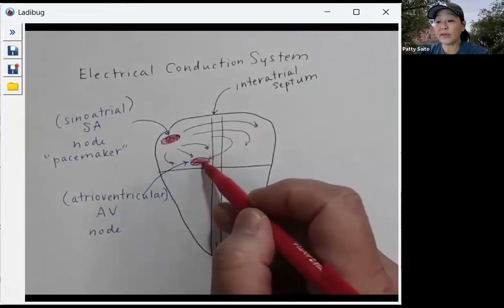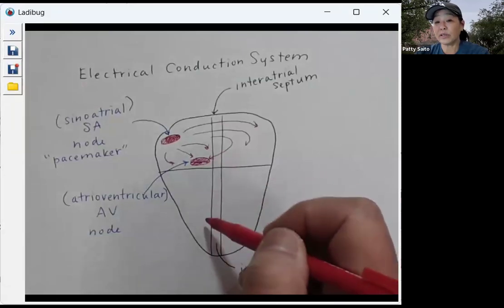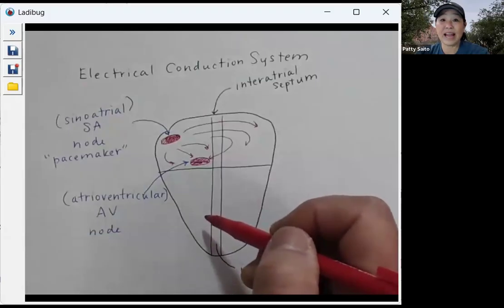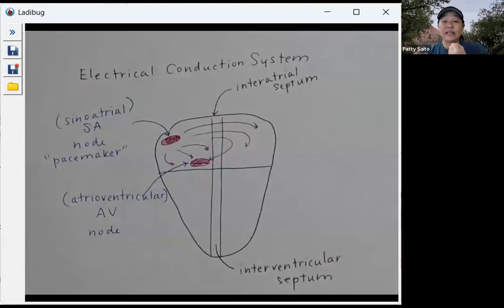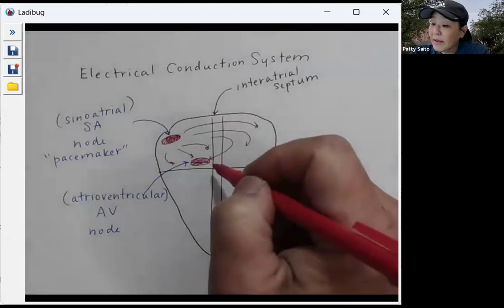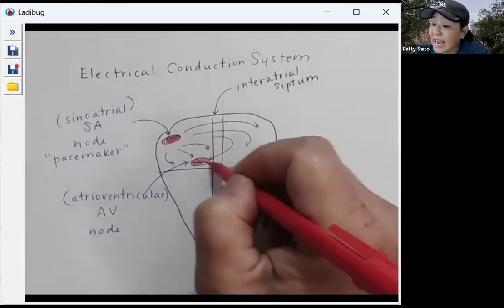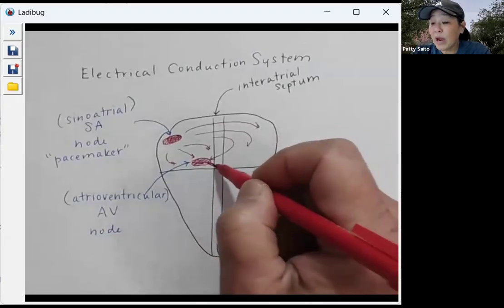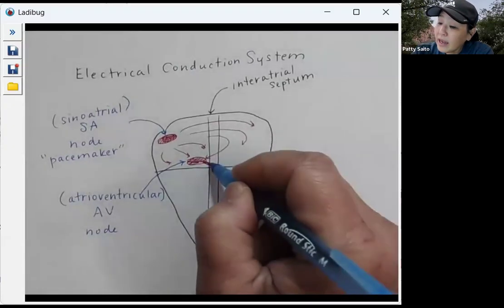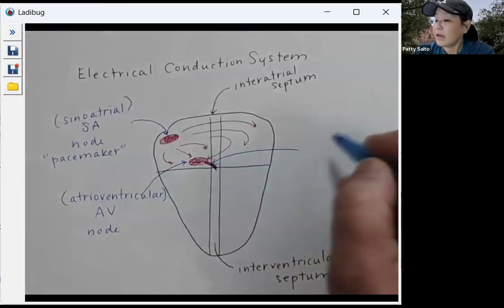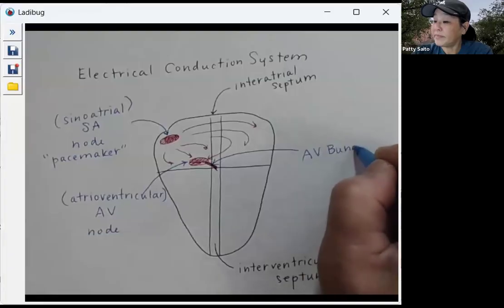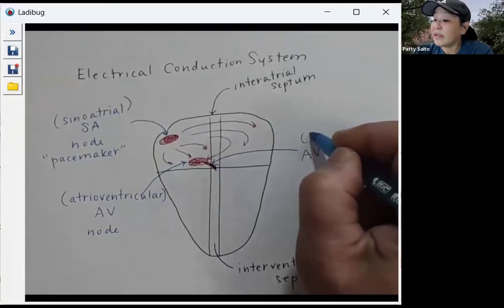So there's a pause here that allows the ventricles to get filled with blood before the ventricles contract. We have to have that pause, otherwise the atria and ventricles will contract together and we can't squeeze blood through the heart, right? From here, the electricity actually goes into the interventricular septum by way of a pathway called the AV bundle, also called the bundle of His.